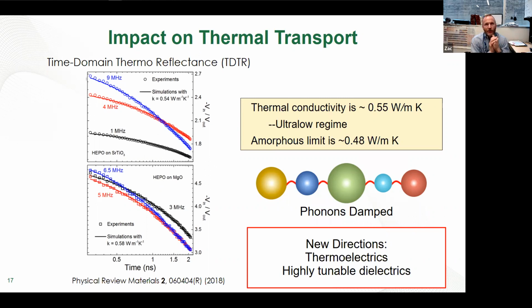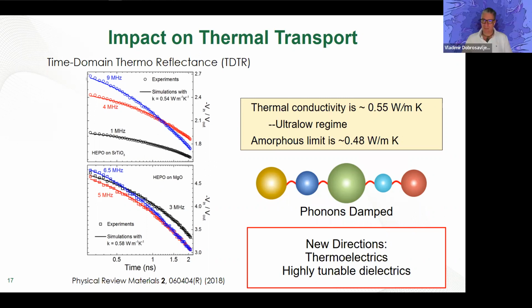So that's typically considered as low as you can go. Whatever that amorphous limit is, no crystal's ever going to get there. What we see is that actually you can get there, and there are a few papers out there that suggest you can actually get below the amorphous limit, which is interesting. I don't think that's been answered yet.